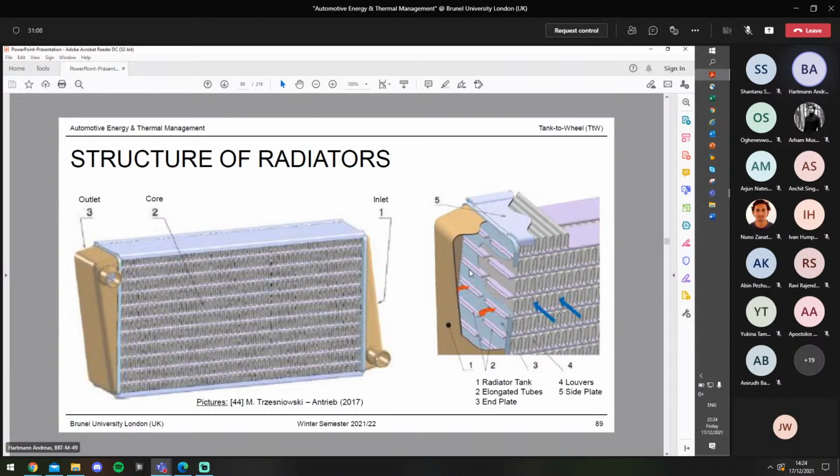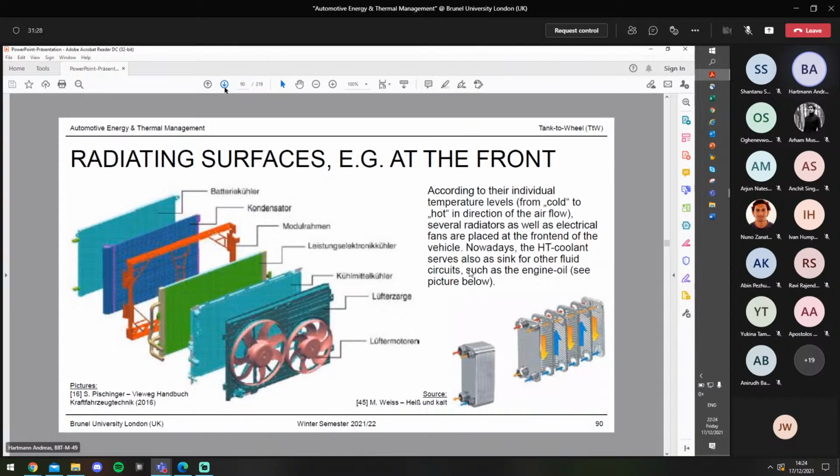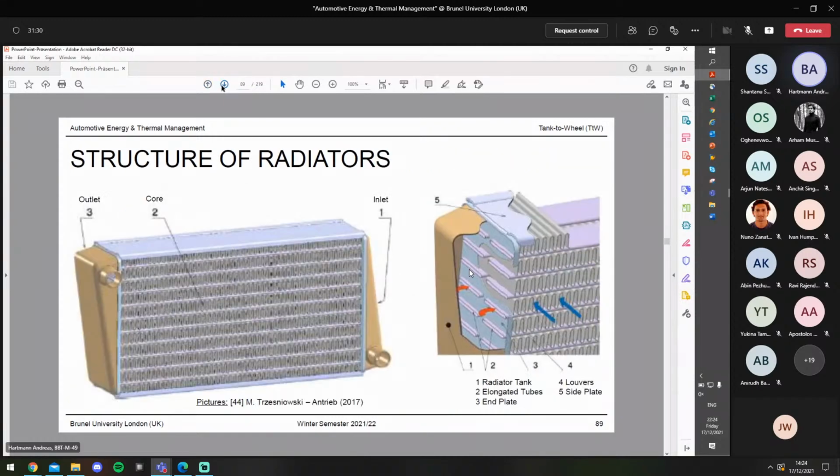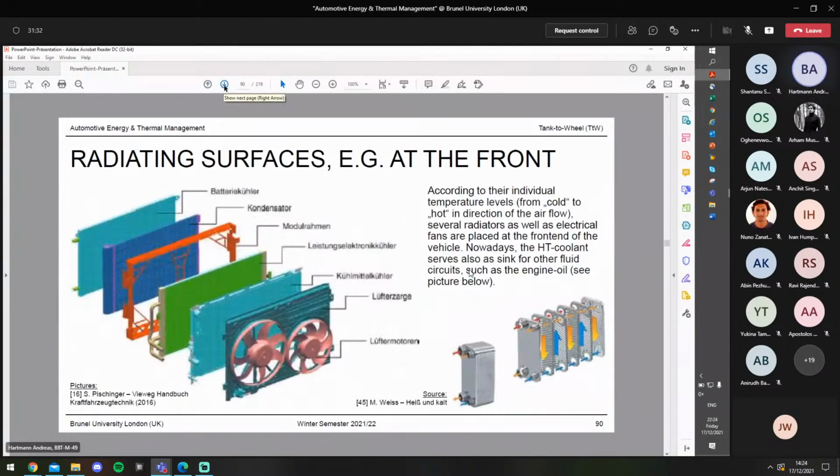This is the way the air goes, and the red arrow shows the way of the coolant. The coolant flows in on the left side and then transfers the heat to these fins and then to the air. And this helps to dramatically increase the radiating surface of the radiator.